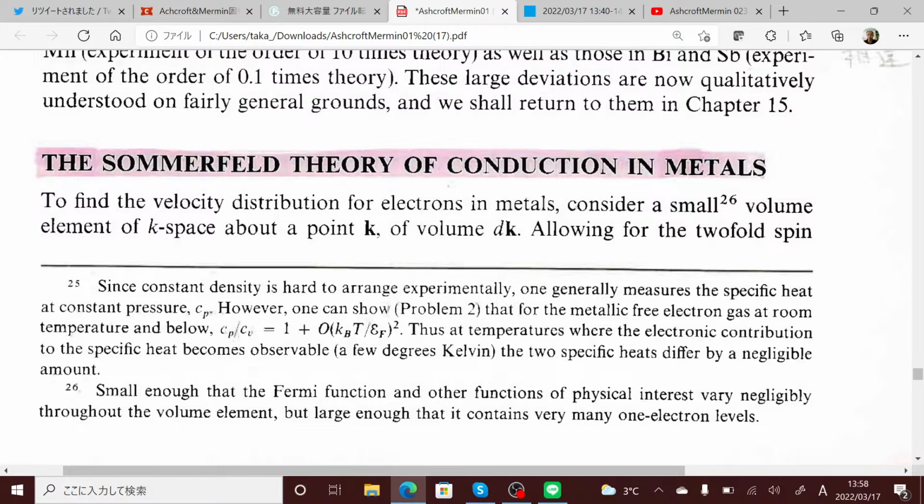However, one can show (problem 2) that for the metallic free electron gas at room temperature and below, Cp over Cv equals 1 plus order (kBT divided by EF) squared. Thus at the temperatures where the electronic contribution to the specific heat becomes observable, a few degrees Kelvin, the two specific heats differ by a negligible amount.